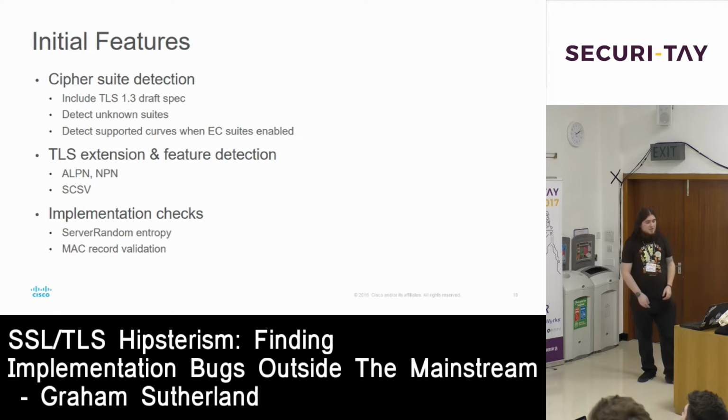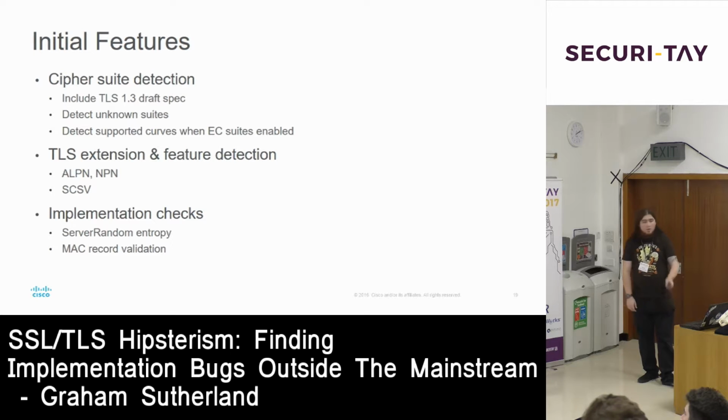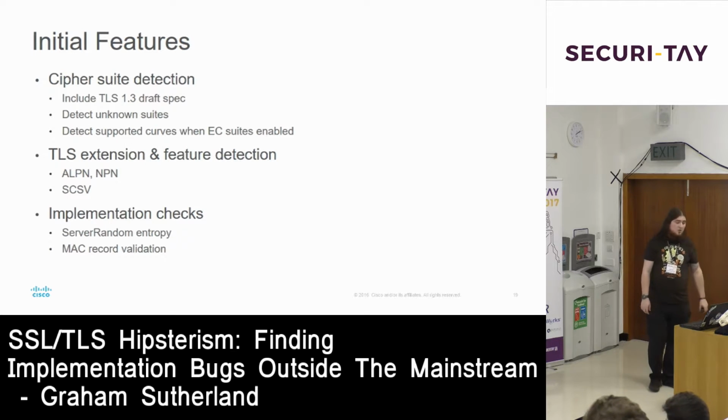Okay, so the initial features that I wanted to start with was obviously cipher suite detection, because that's what all the tools do, and this was where it was all sort of based off. But also include the TLS v1.3 draft spec, because that had come out literally as I started writing this.